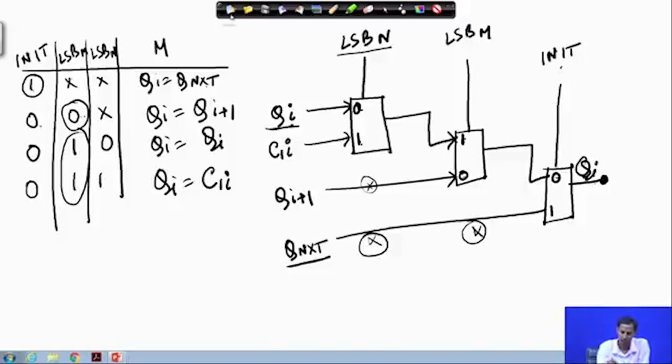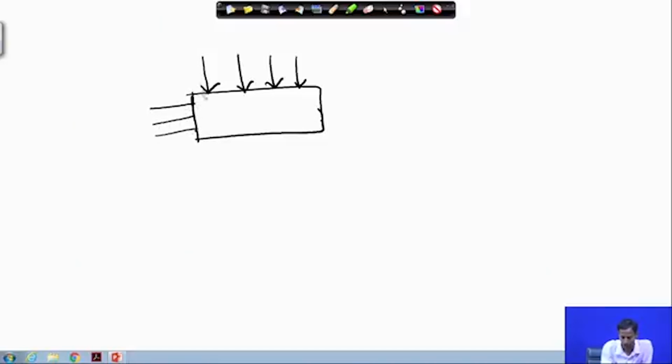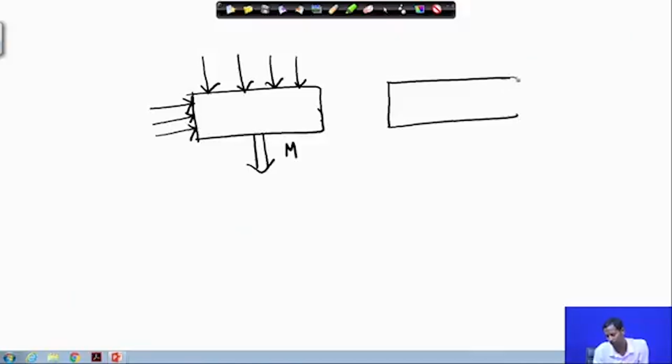If I draw the block diagram, I will have these 4 inputs and these 3 control signals, which will produce the corresponding m. The same thing is for n also, only the input values will be different. This is for n.